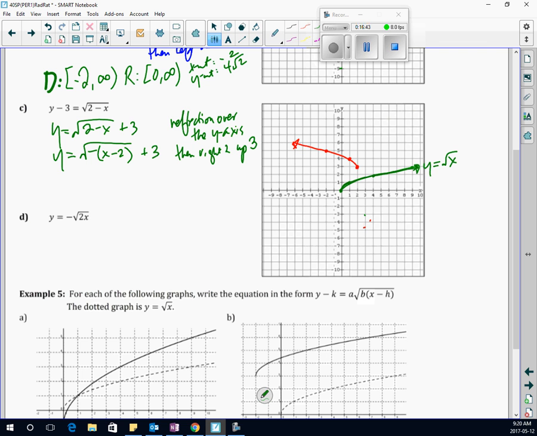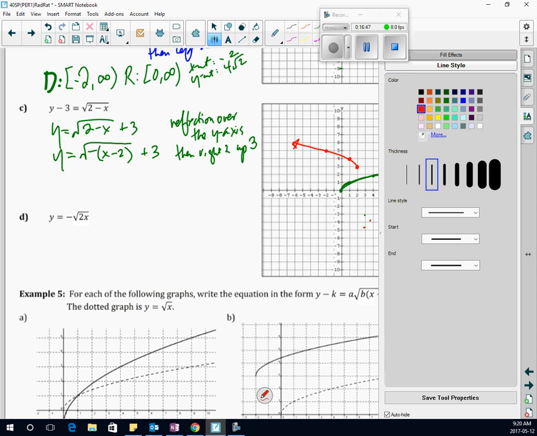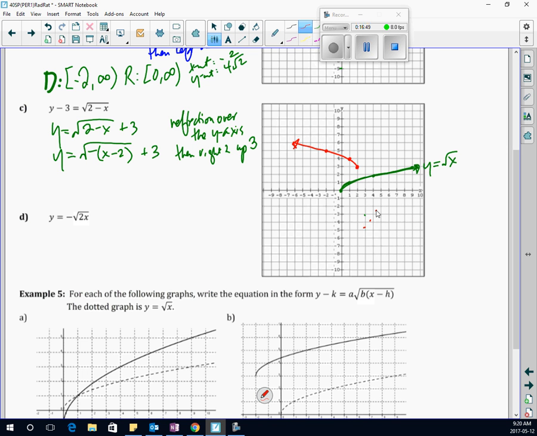Okay, so anyways, I still have to do my domain and range. What's my domain and range here? What's my domain this time? Negative infinity to positive 2. My range is a height of 3 and up, right?